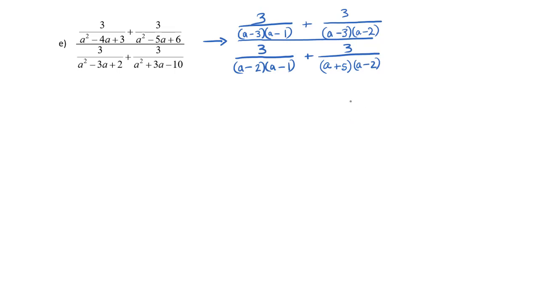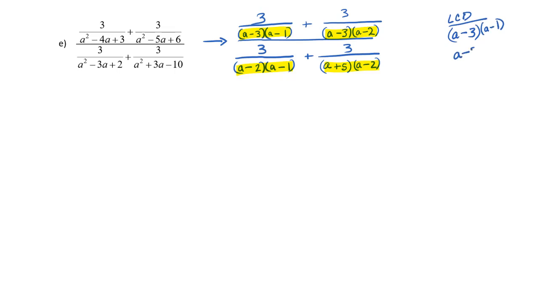So now I need to look at all my denominators and figure out what the LCD would be. If I look at how many times a minus 3 appears, it appears once. A minus 1 appears once.